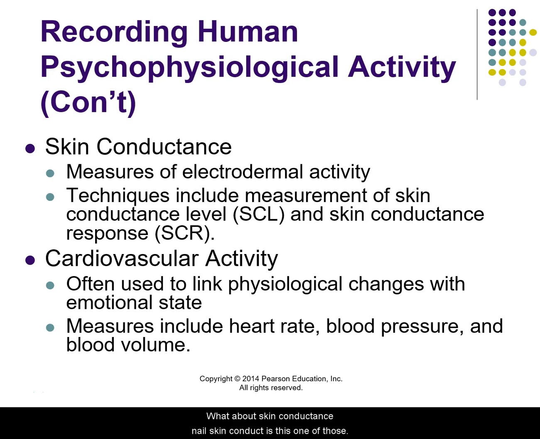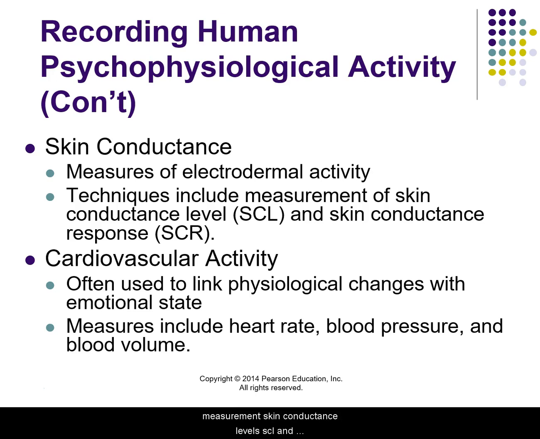Okay, what about skin conductance? Skin conductance is one of those feedback mechanisms, because it's also used for biofeedback. But it's one of those that we don't understand real well. All we know is that when people are anxious or fearful, they seem to have clammy hands. That's what this is picking up.